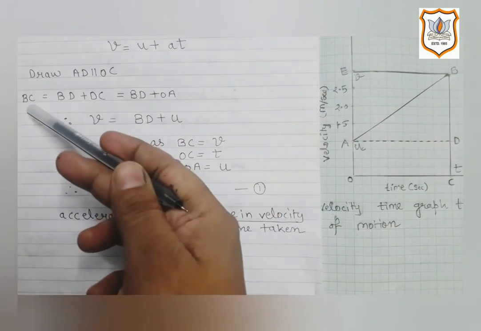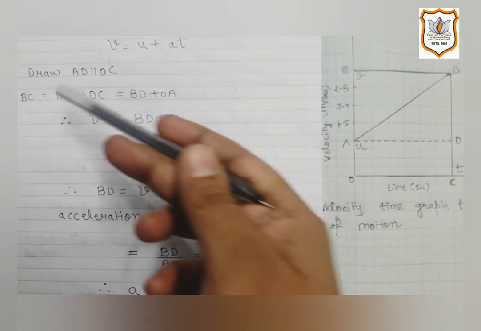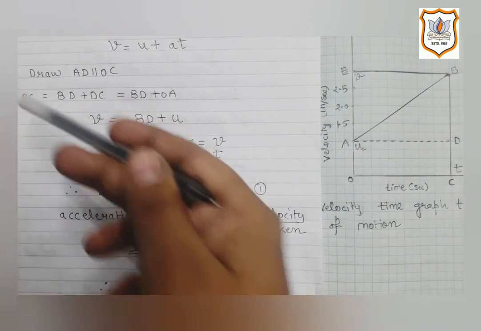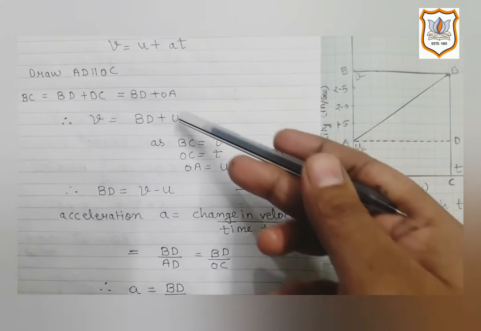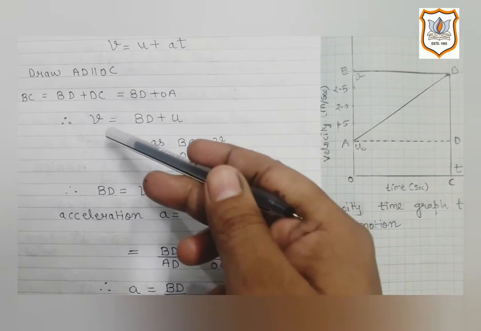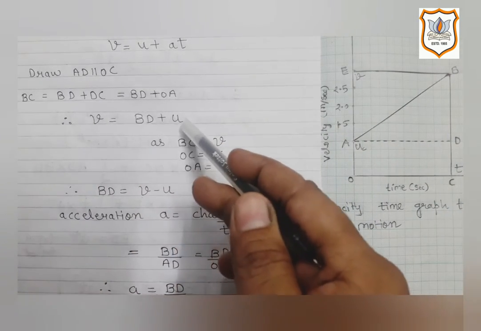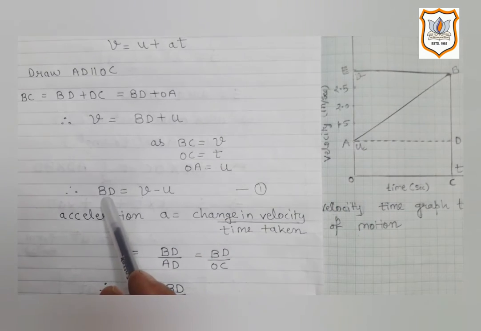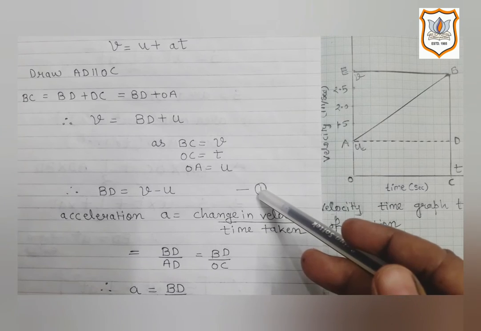Therefore, BC = BD + OA. And we know that BC is the final velocity v, while OA is our initial velocity u. Hence we can write v = BD + u, or BD = v - u. It will be our first equation.